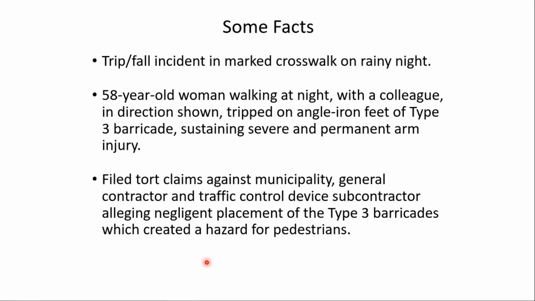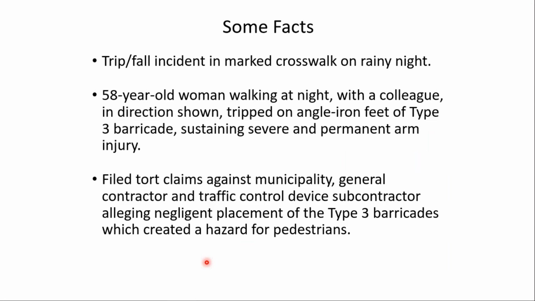A 58-year-old woman who was walking at night with a friend in the direction that you'll see in the photograph, tripped on the angle iron feet of a type 3 barricade and sustained a severe and permanent arm injury. She was no longer able to use her right arm.